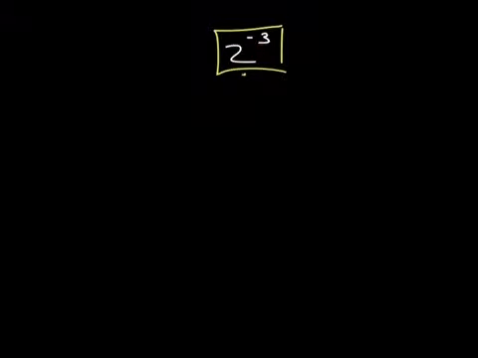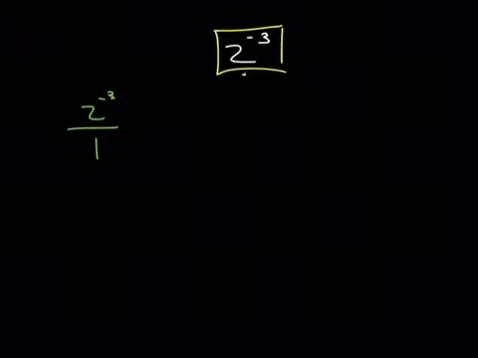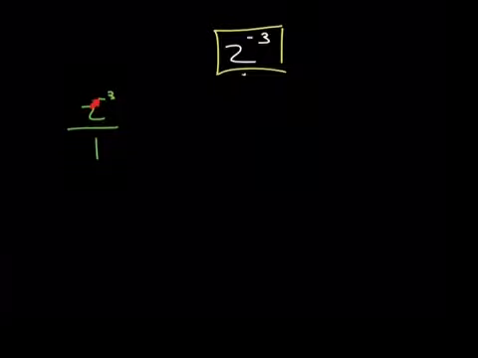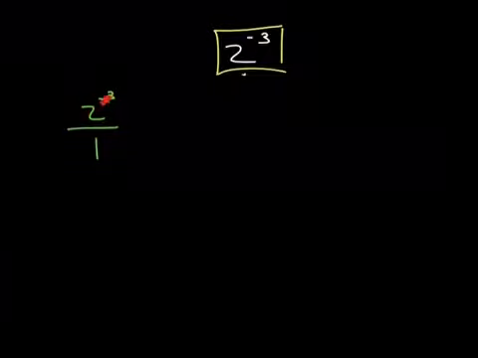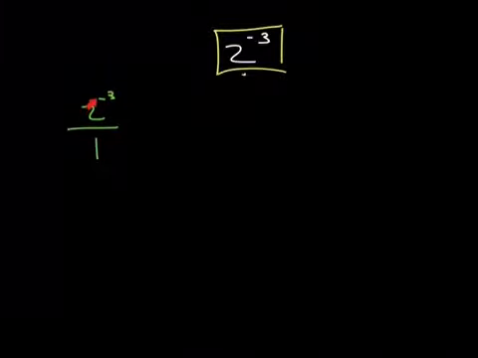What do I mean by the wrong place? If we were to write 2 to the negative 3 as a fraction, it would be 2 to the negative 3 over 1. And if the 2 to the 3 is in the wrong place, and that's what this negative means, then that means it needs to go down here instead of being on top. So that's what that negative means.